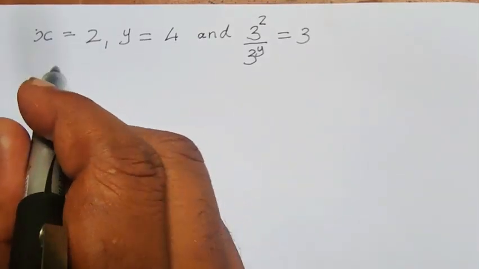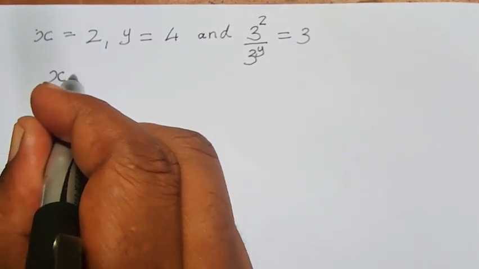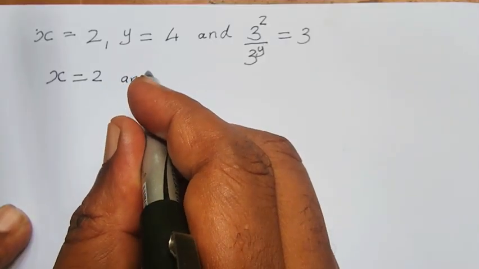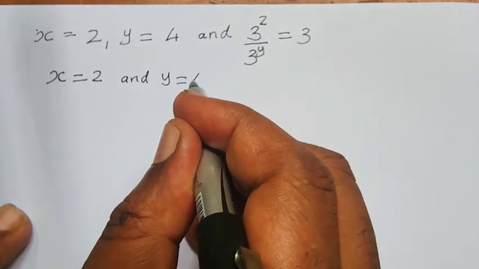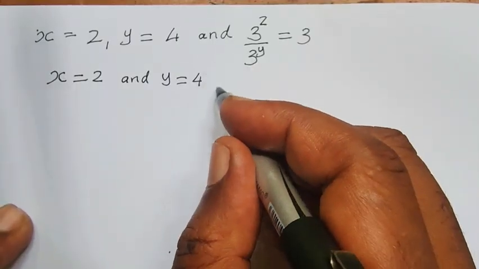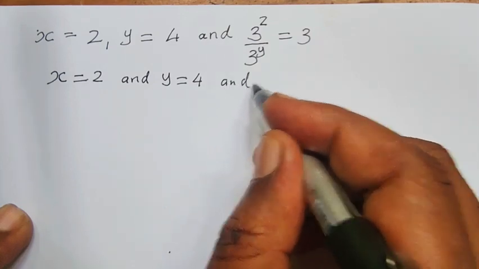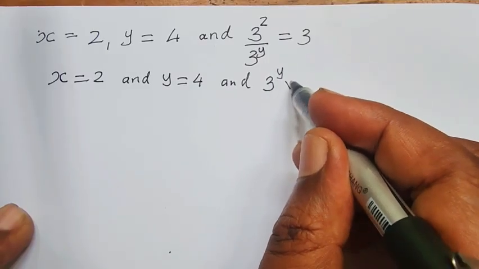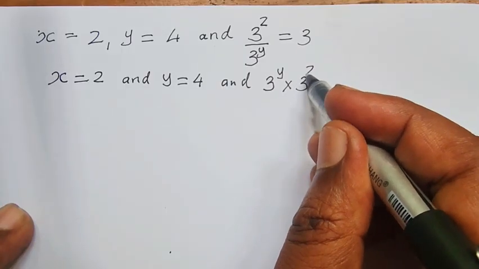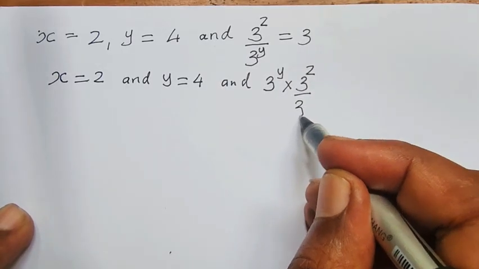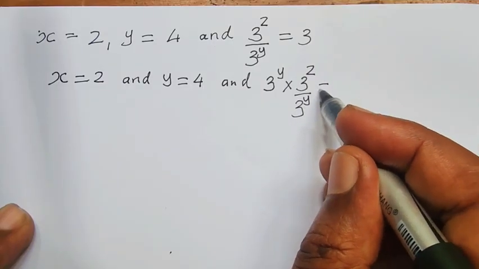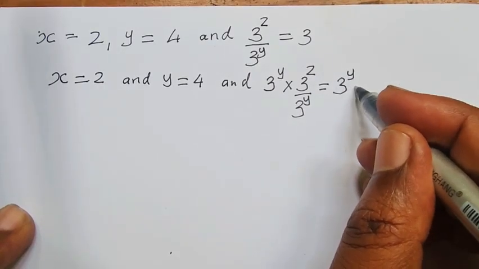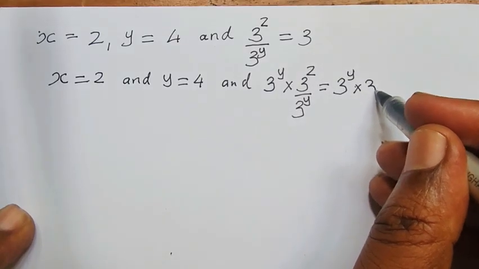So we have x equals 2 and y equals 4, and here we have 3 raised to power y times 3 raised to power z over 3 raised to power y equals 3 raised to power y times 3.